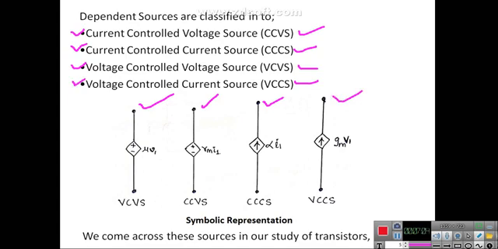These sources depend upon the voltage as well as the current in another part of the network, so that's why they are called dependent sources. We come across these sources while studying electronic circuits, that means while studying transistor circuits, FETs, those things.